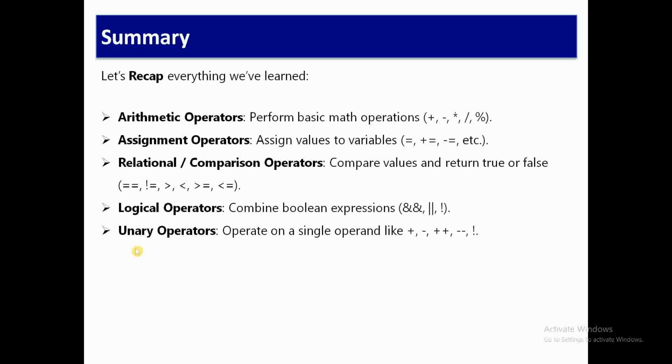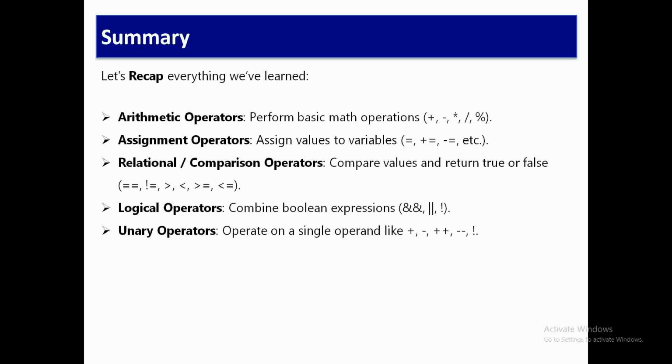Last but not the least we have unary operators, which work on a single operand, like plus, minus, increment, decrement, not. Here we have post increment, pre increment, post decrement, pre decrement conditions. Post increment will increment the value after giving the value of a to b.